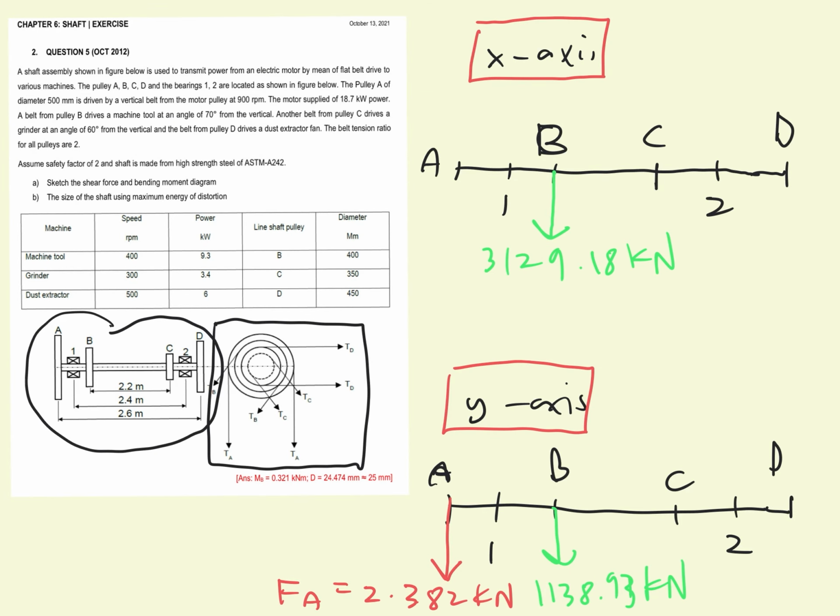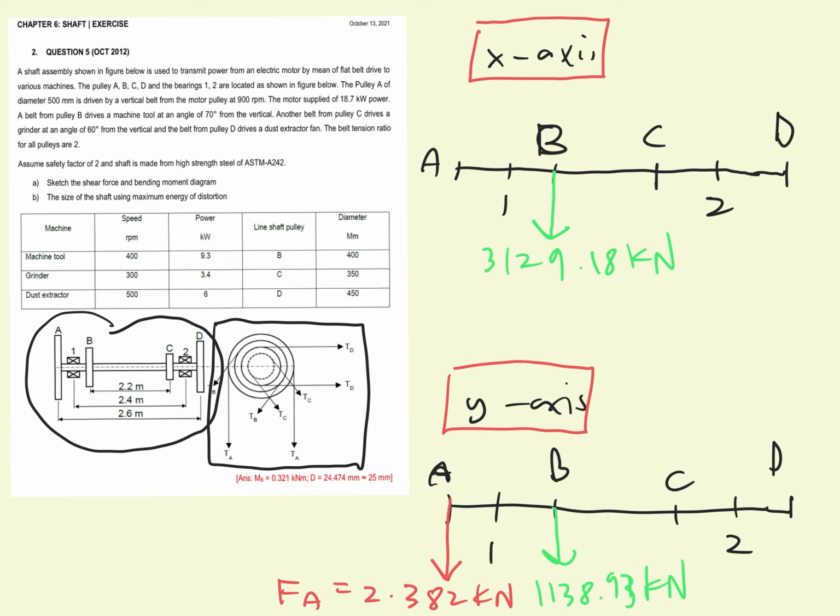So now we have managed to find the force acting at pulley C with respect to the x-axis and the y-axis, because the final total force has an angle. So from this angle we need to resolve into x and y components. For the x-axis, the direction of the force that we have resolved is to the right side.